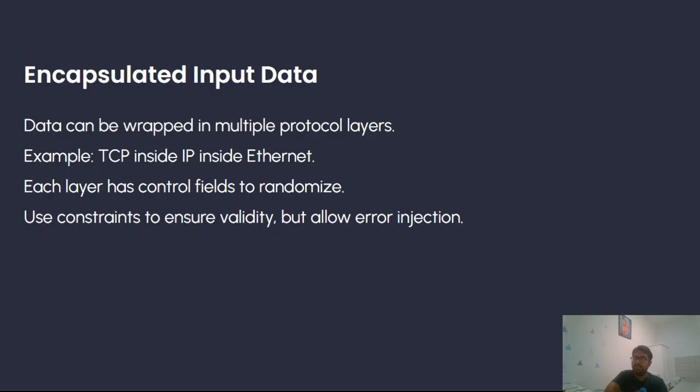Encapsulated input data. Sometimes input data is wrapped up within many layers, like a TCP message inside an IP packet inside an Ethernet frame. Each layer has its own settings and all can be randomized.